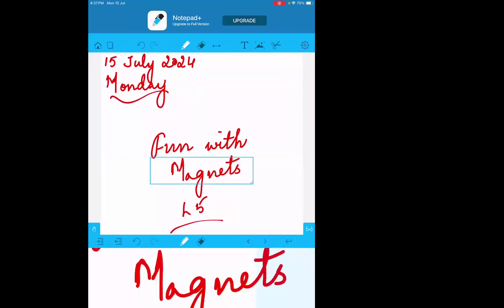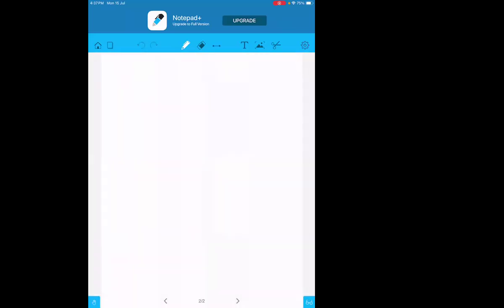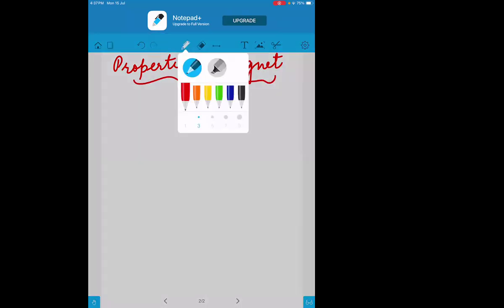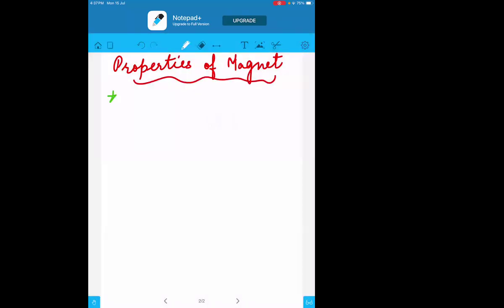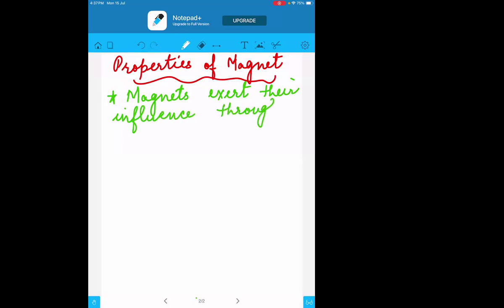So today's topic is properties of magnet. Now, talking about the first property, as I just told you, magnets exert their influence through various media.